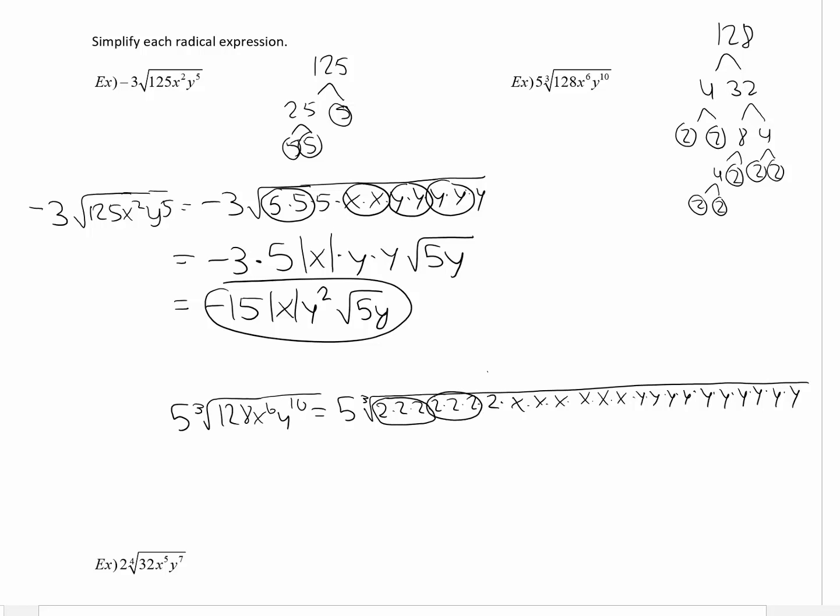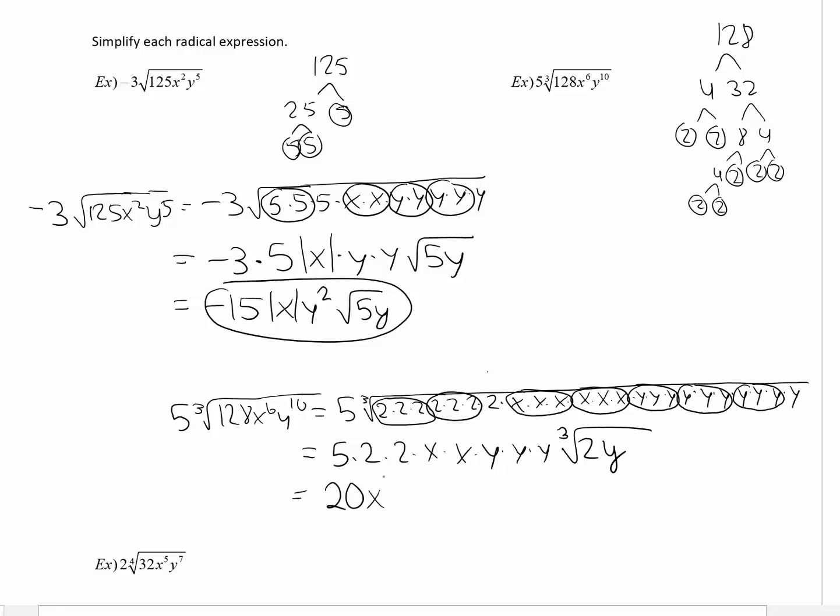So I can do this. So this is the same as 5 times 2 times 2 times x times y times y times y times a cube root of 2y. Simplify. And we're done here.